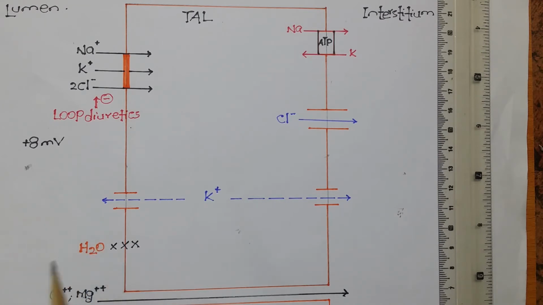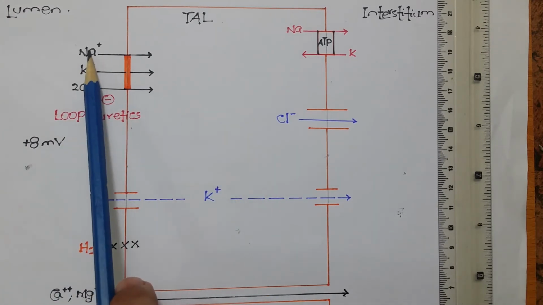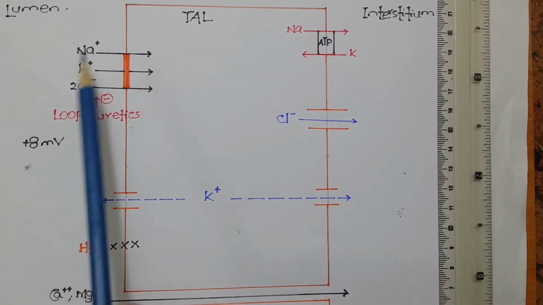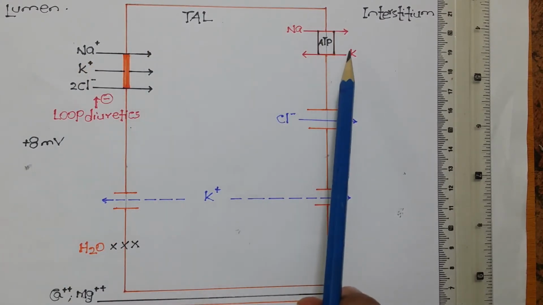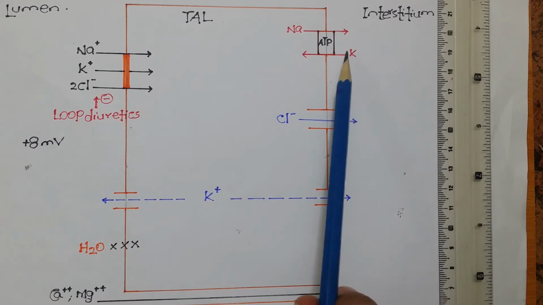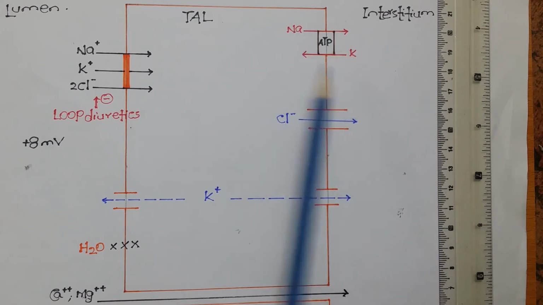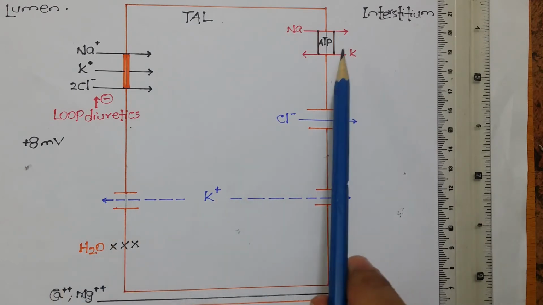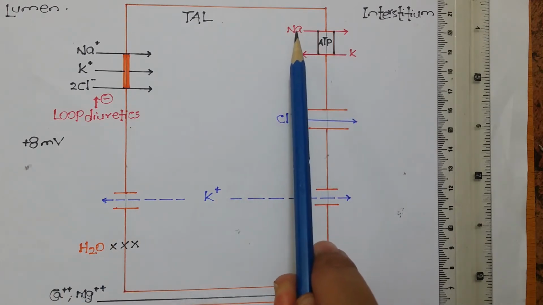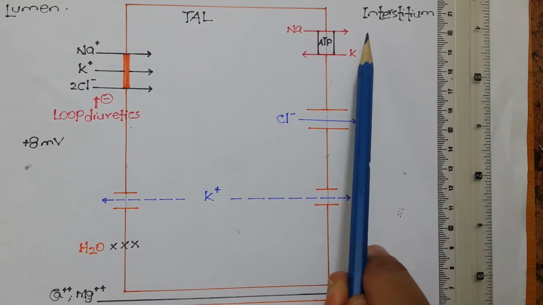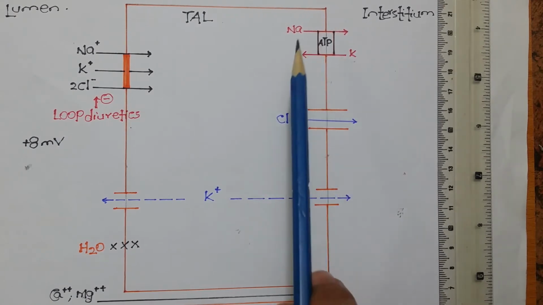Like the proximal convoluted tubule, the reabsorption of everything else in the thick ascending limb is closely linked to the reabsorption of sodium, which in itself is dependent on the activity of the sodium-potassium ATPase pump in the basolateral membrane. This pump continuously pumps sodium out of the cell in exchange for potassium that moves into the cell.